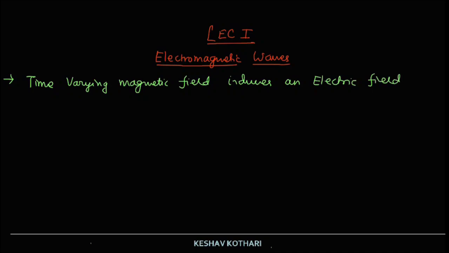So this is the last thing which we have learnt in the previous chapter, that the time varying magnetic field induces an electric field.